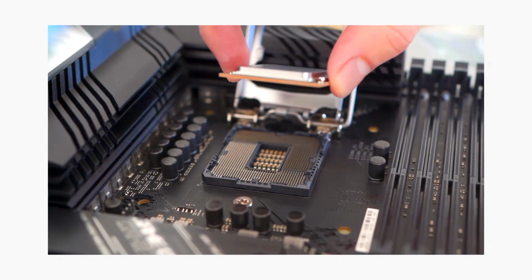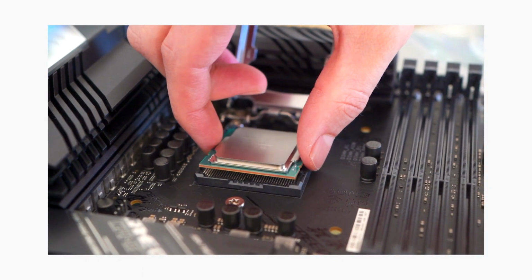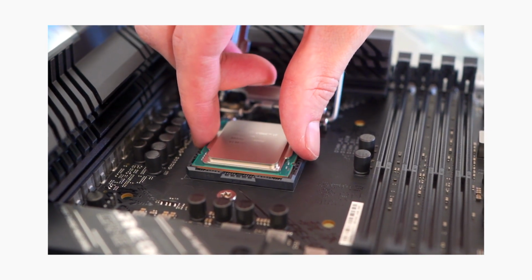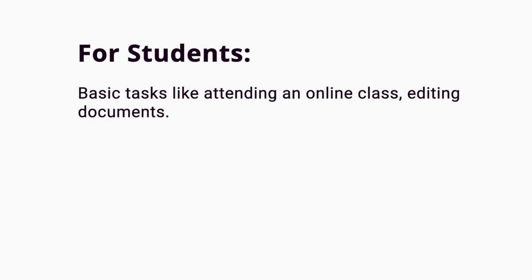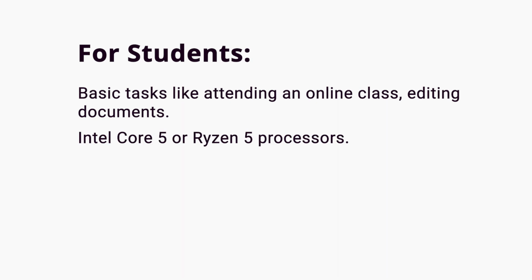The type of processor you need depends on the work you will be doing on that laptop. For students who need to perform basic tasks like attending an online class, editing Word documents, using web browsers and opening 10 or more tabs alongside meetings, you need a less powerful processor. You can get processors like Intel Core 5 or AMD Ryzen 5 processors.